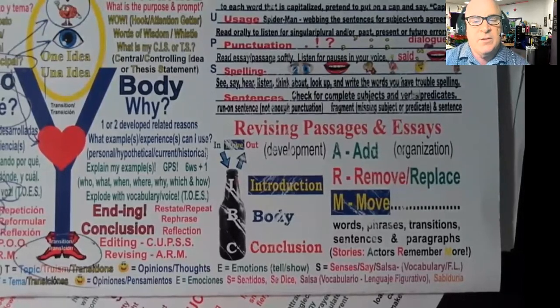by adding the ones that we just talked about, or what we call the 5 senses, things that you might say regarding that topic, things that could possibly come out of your mouth, and salsa, which is the higher vocabulary and the figurative language. And I've shown you this before, but the 4th bullet says, choose your words carefully.